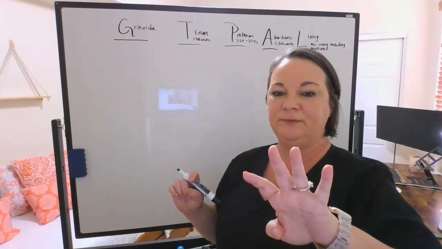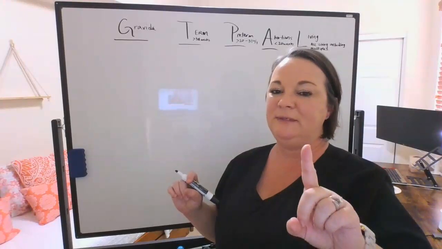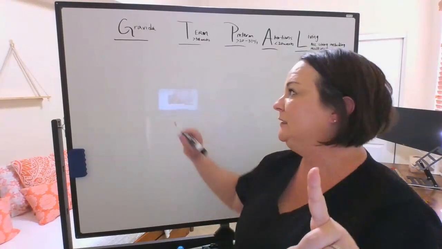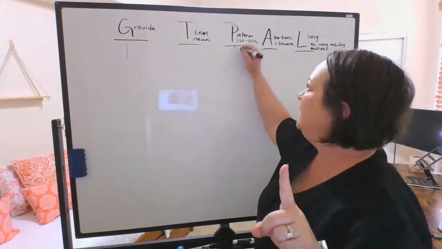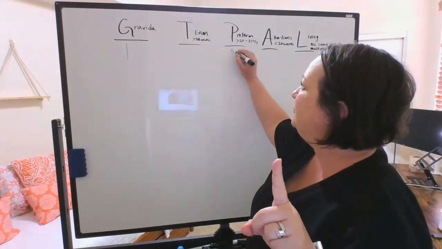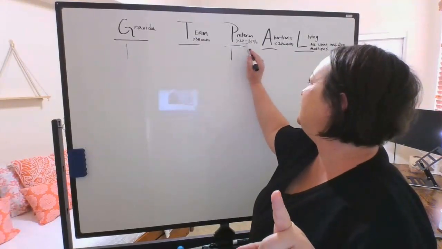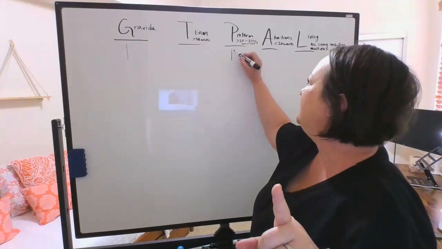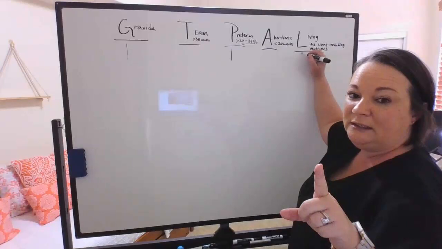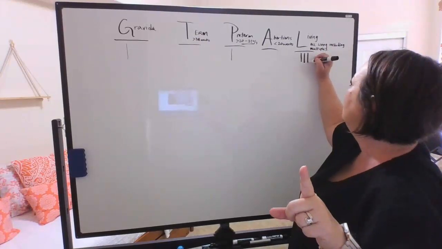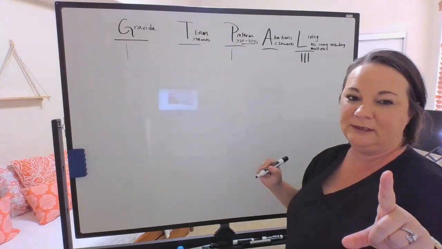She delivered triplets at 32 weeks. So even though there were 3 babies, that's only 1 pregnancy. She gets 1 G for pregnancy and 1 P for a preterm delivery because it was at 32 weeks, which is in this category here. And then 3 is where her multiples would come in, her triplets.